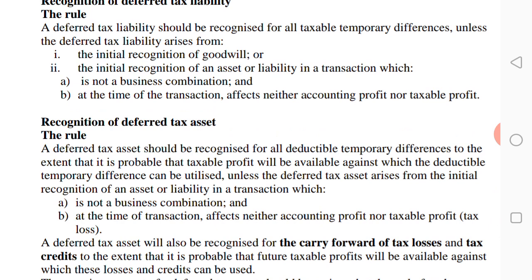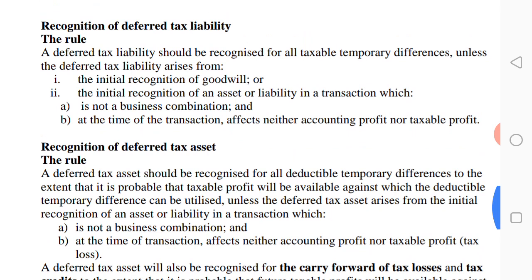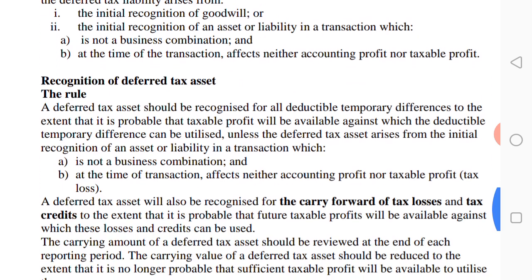So any item that will not affect accounting profit nor tax profit will not have a tax liability on that asset.